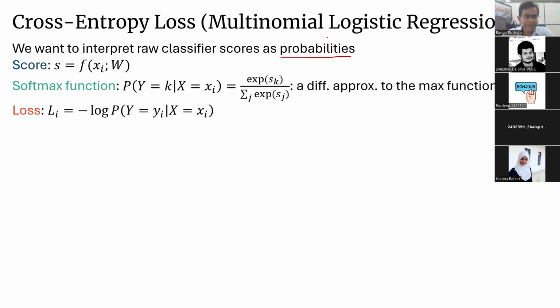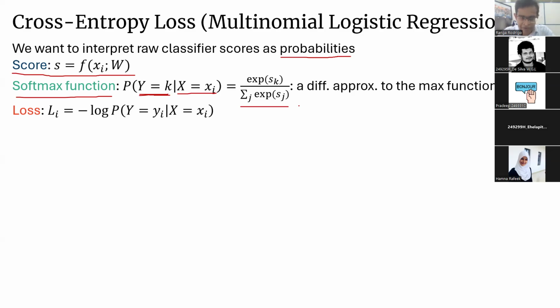Okay, let's see how to do that. So let's take the score. This is the score function, s equals f(xi, W). I hope it's clear. Then the softmax function: P(y equals k given x equals xi). What we do is we raise e to the power of sk, that class's score, and divide by the summation of all these scores raised to e to the power.